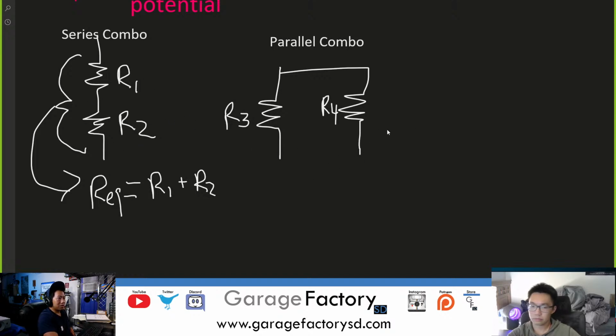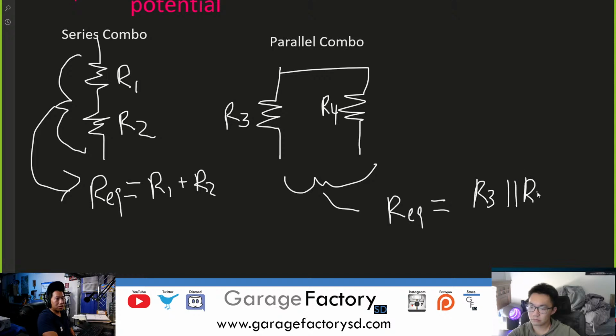And for this, it's R3 in parallel with R4, and you could do it in two ways. What I like to do is products over sums: R3 times R4 over R3 plus R4.